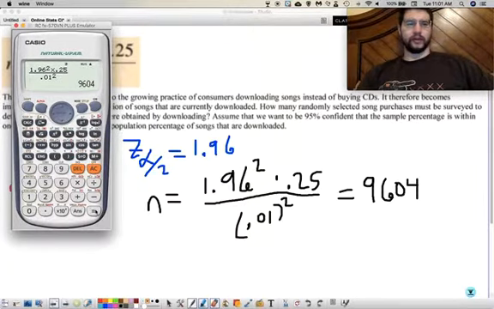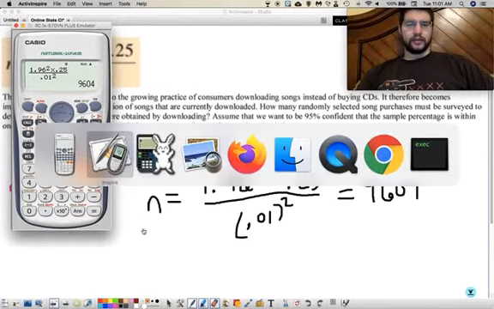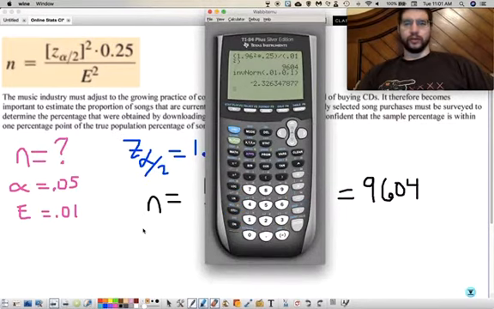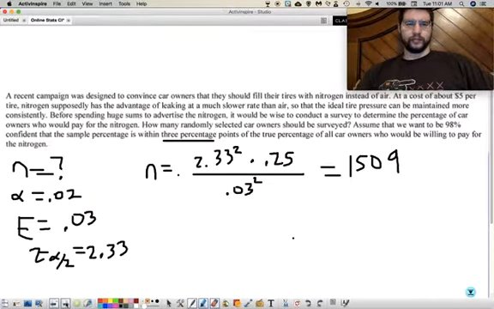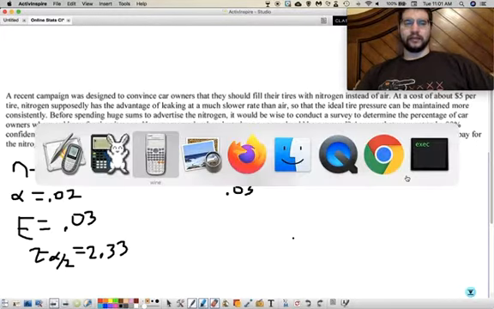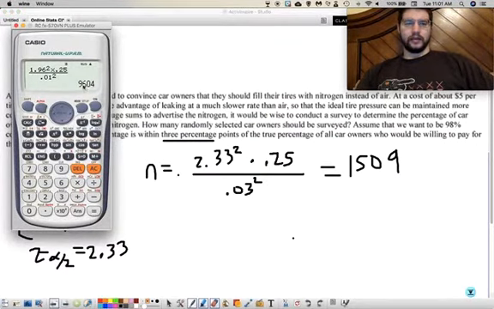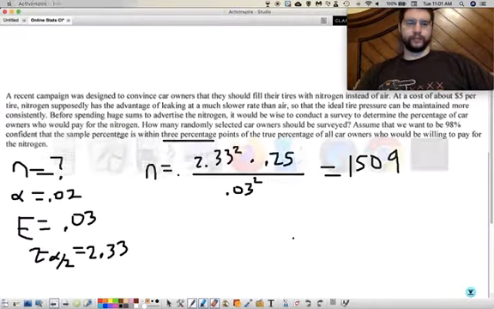If it gives you an exact answer, you can leave it as that number. However, if it has any sort of decimal, even if it's .001 or something, you still have to round up. It wasn't a nice integer, so if it has a decimal, you've got to round up. So that's for that one.